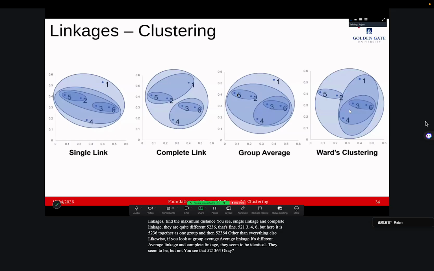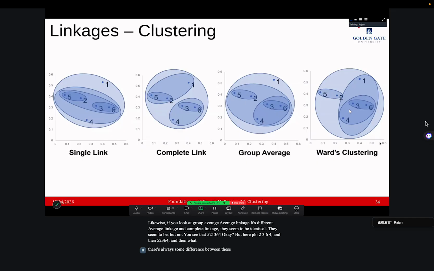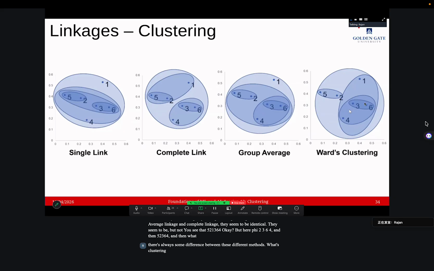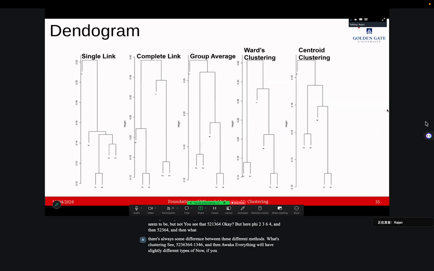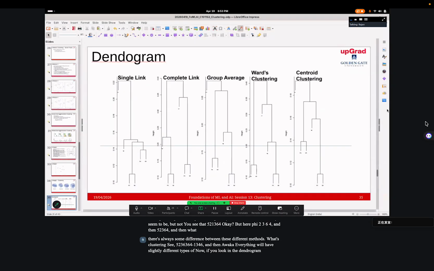But here 5, 2, 3, 6, 4, and then 1. There's always some difference between these methods. Everything will have slightly different types of clustering. Now, if you look at the dendrogram, again, I think it should be dendrogram.